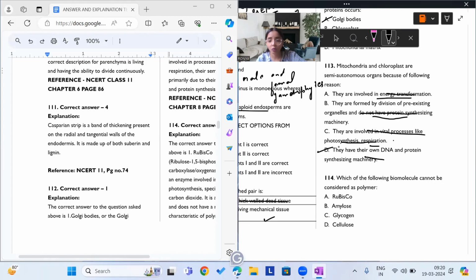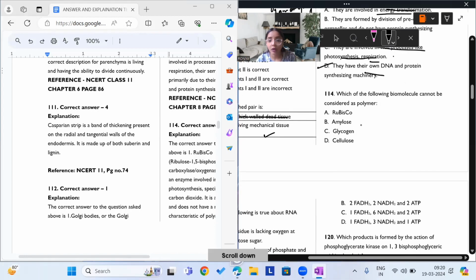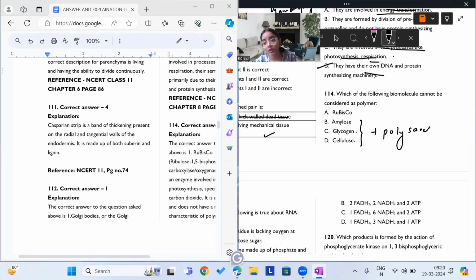Now, question 114, what does it say? It says, which of the following biomolecule cannot be considered as a polymer? See, now amylose, glycogen, cellulose, all of them are polysaccharides. That is, they are carbohydrates which are complex carbohydrates.